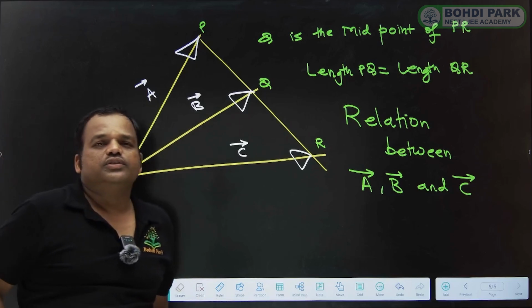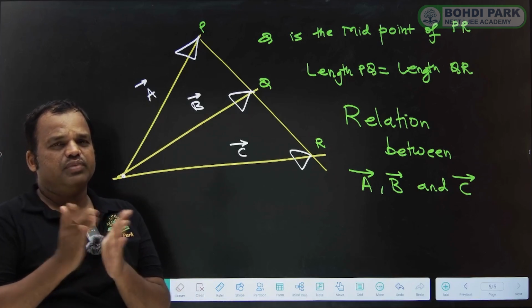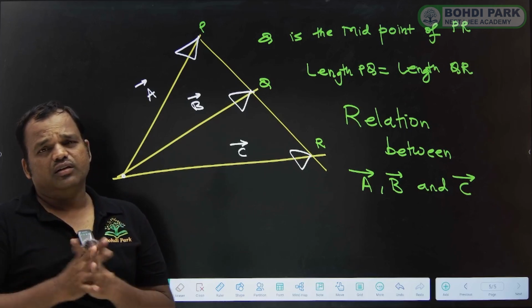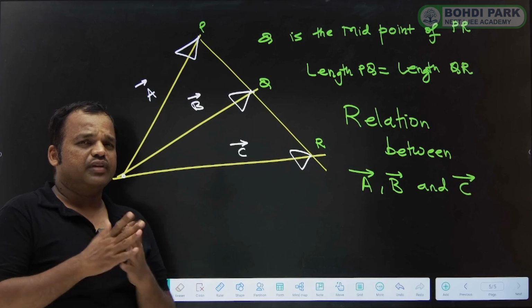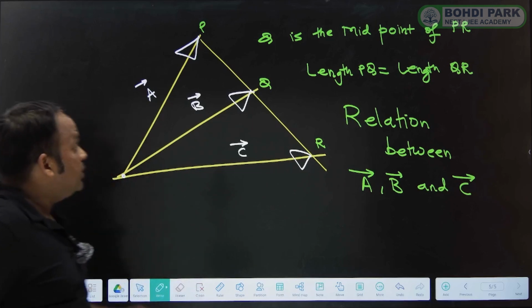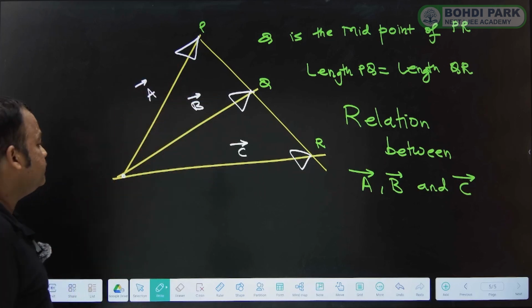That means you have to say something like this: A plus B is equal to C, or B plus C is equal to A, or A plus B is equal to 2 times C, or B plus C is equal to 2 times A, something like that. You have to find out what is the relation between these three vectors, A vector, B vector and C vector.